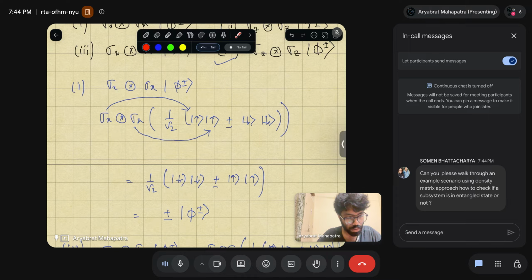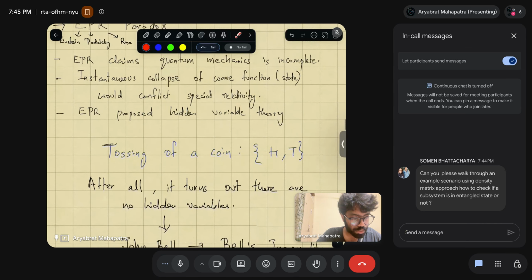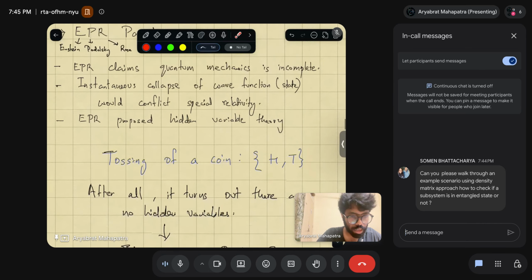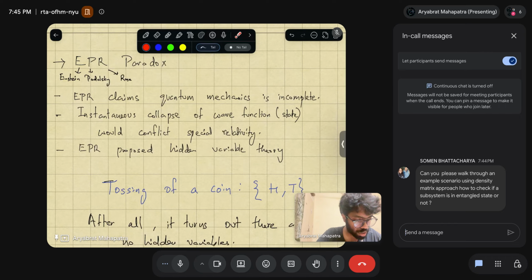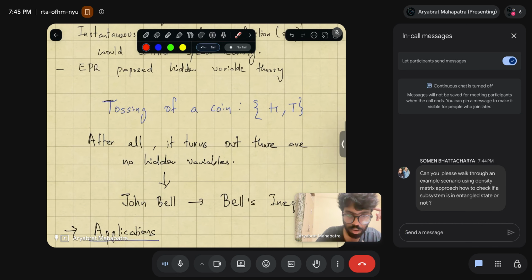You can replace states by density matrices, and again the definition of the entangled state will go along those lines. So again, you cannot define an entangled state using product density matrices. You need the linear combination. So is this the one you are talking about, or something else?